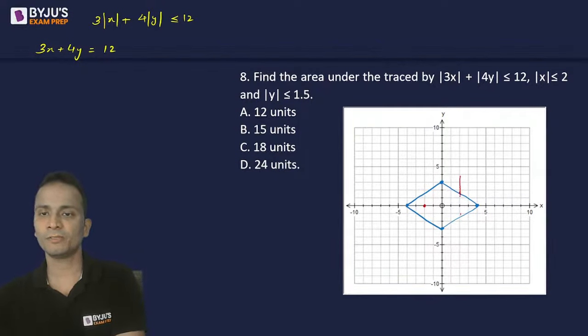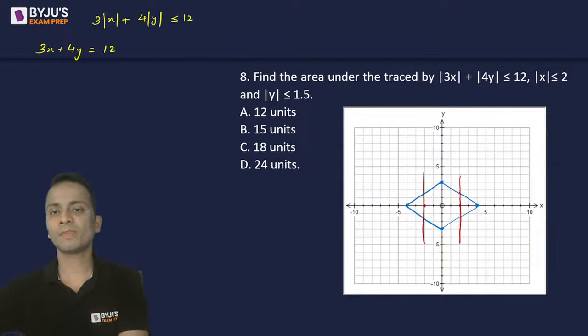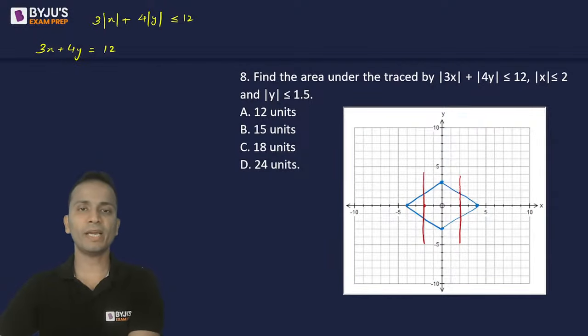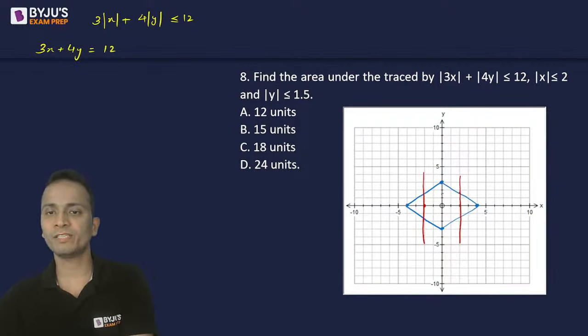Okay. Like this and like this. All right. Next is modulus y less than equal to 1.5. So let's use this color. So 1.5 is here and here.